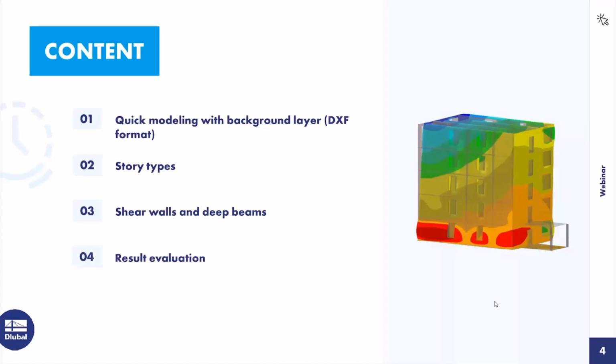That's on the one side shear walls and on the other side deep beams, and these two objects you can define in a manual way and you can design these types, and these types also give you the opportunity to get information about the stories and the forces which are there.